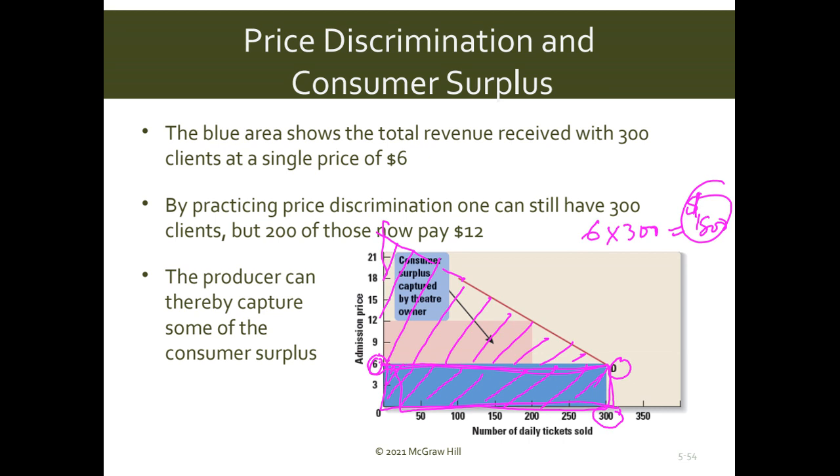Now suppose this monopolist, monopolist means seller, is able to segment the market. Now they know that some of the buyers are willing to pay higher prices. I don't know whether I should use singular or plural, so I apologize for this misunderstanding.